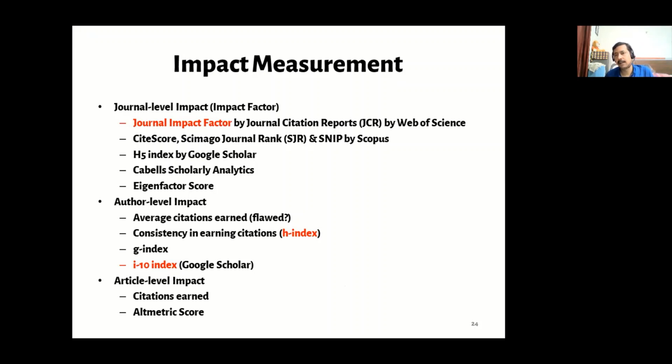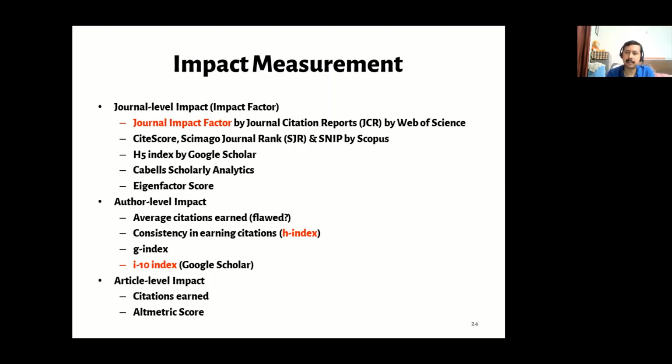Many metrics are used. Metrics are like scales for measuring the impact of either journal, author productivity, author impact, or article level impact. So only 3 metrics I will take up for illustration in this session.